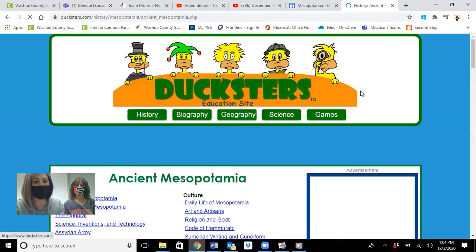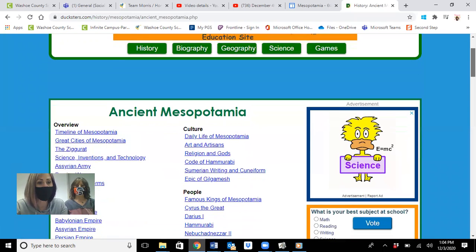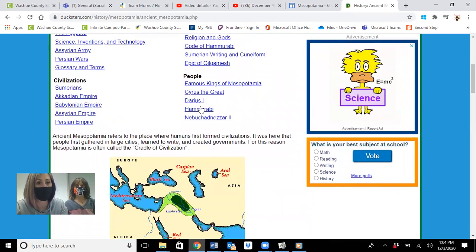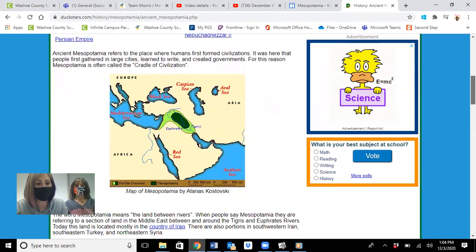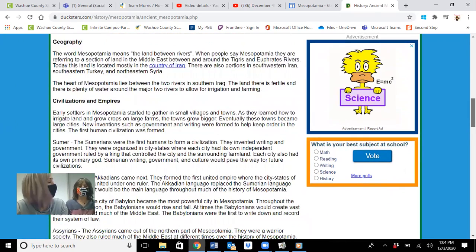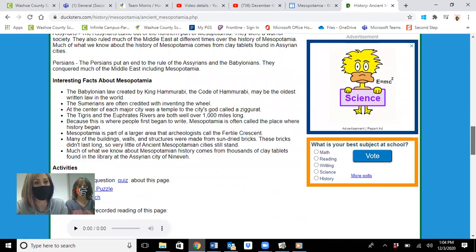Again, just as much information: timeline, cities, civilizations, culture, people. Here are some famous people right here. Look, we could just add another one: Darius the First, Cyrus the Great. Now, we don't want to just insert those names into your squares. You want to read about those people and see why they were so important.